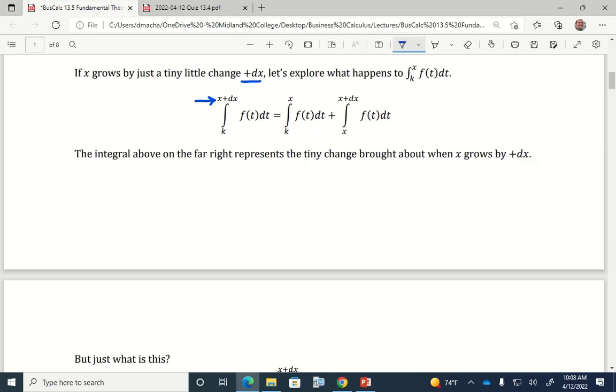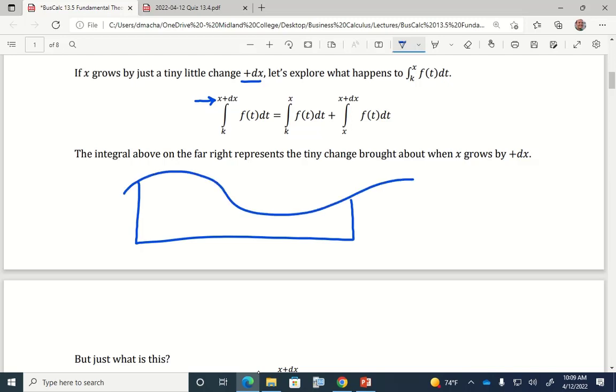And the way that definite integrals work, since a definite integral is talking about some area under a curve, if I wanted to take the area under this curve between lower bound k and upper bound x plus dx, that would be the same as if I took the area between k and x and then took the area between x and x plus dx and then added those two areas together.